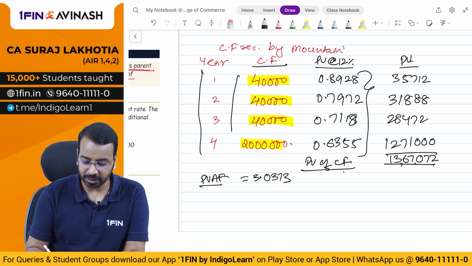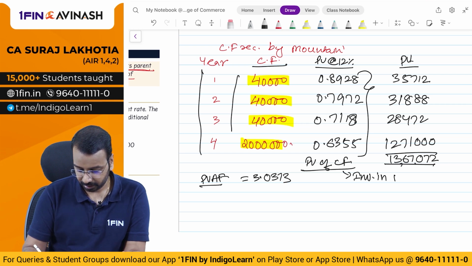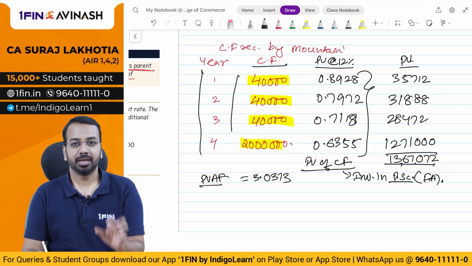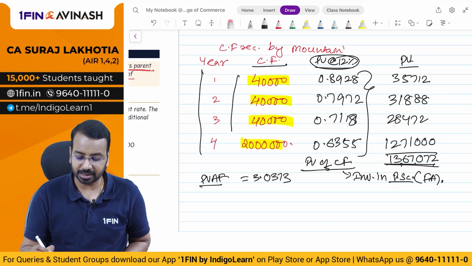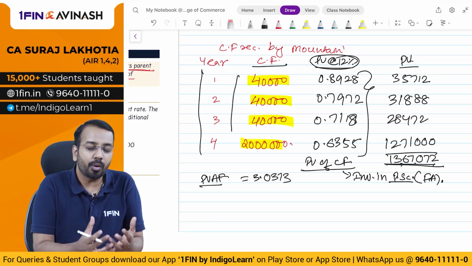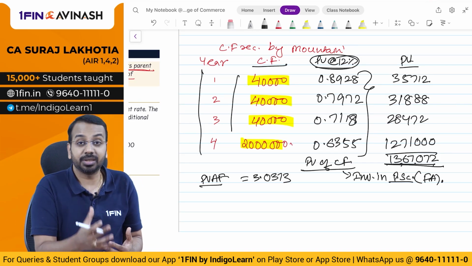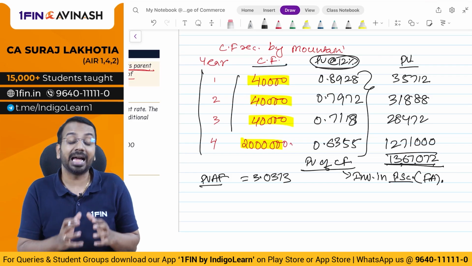So, this present value of cash flows represents the investment in preference share or a financial asset. That much is the financial asset. If I have to earn 12%, this 13,67,072 is the amount that I have invested in the subsidiary as preference shares or as debt given.